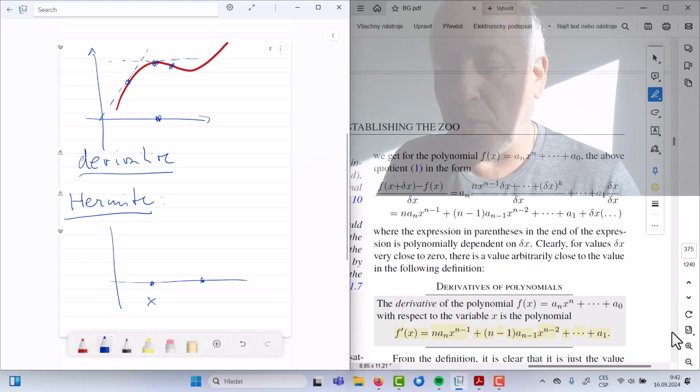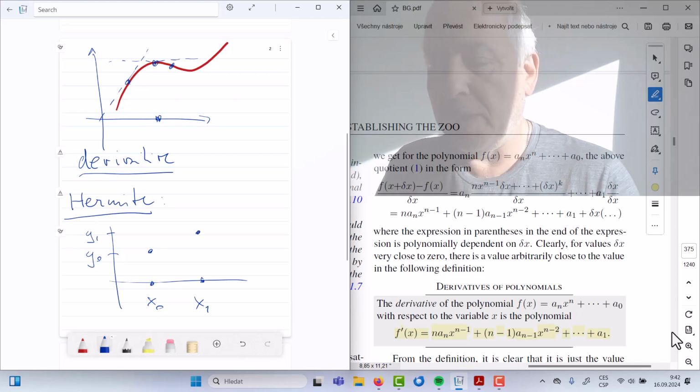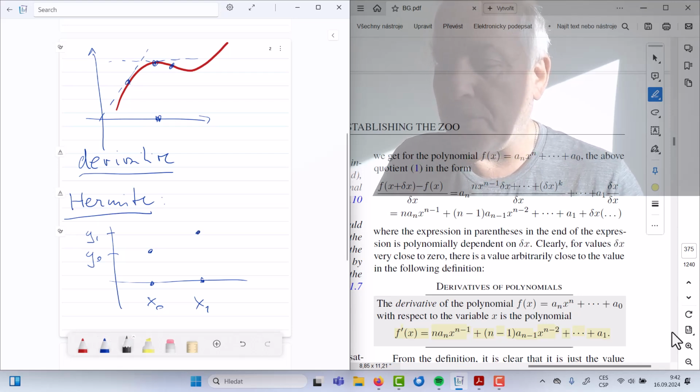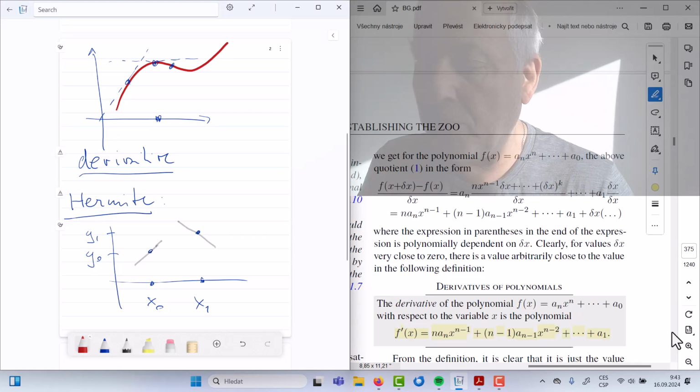If you have 2 points, x0, x1, you've got two values, so it's y0 and say y1 will be here, and you also have the derivative, so this will be the slope of the function here, and this will be the slope of the function here. So you see we have got 4 conditions for the 2 points and 2 first derivatives, so we should look for third order polynomial.